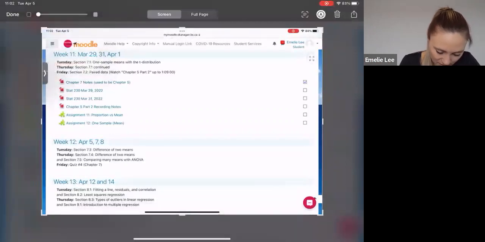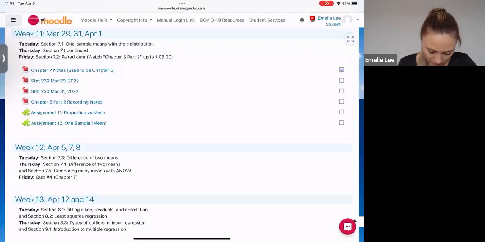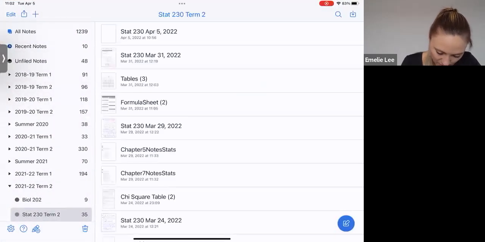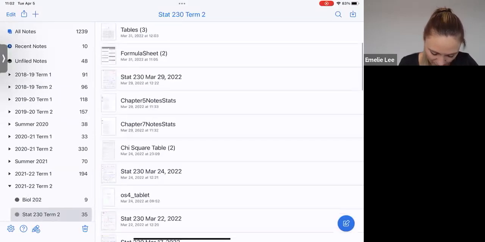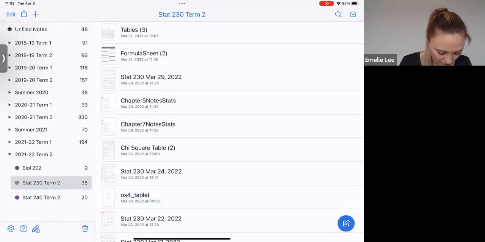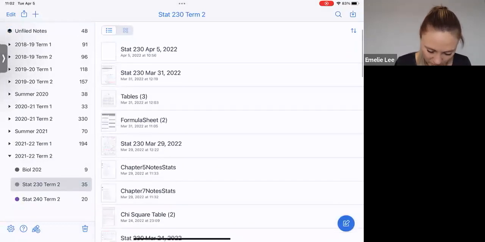Let's see here, share saved photos. I wanted to, oh yeah, let me remember, it's power calculations for a difference of means. We're not doing it, that's why I don't remember what it's called.